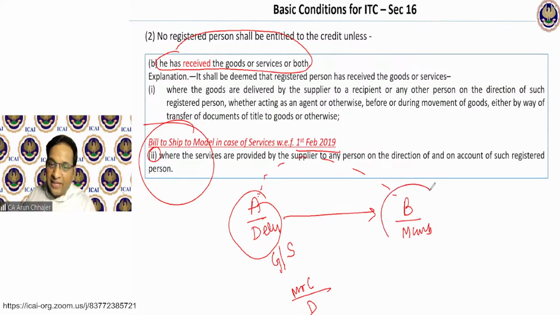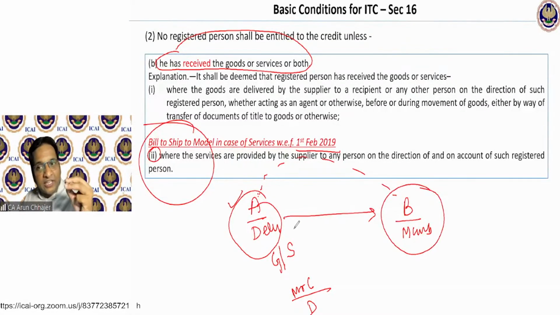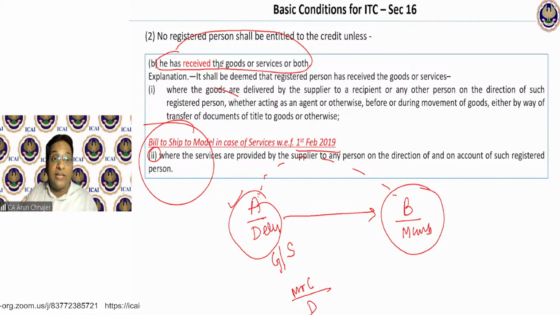Now, if I give the instruction to A to provide the goods or service not to me but to any other person, then it is nothing but the bill to ship to model. So in case of the bill to ship to model, whether it is goods or services, will we receive the goods? Actually the answer is no, it will not be received actually.